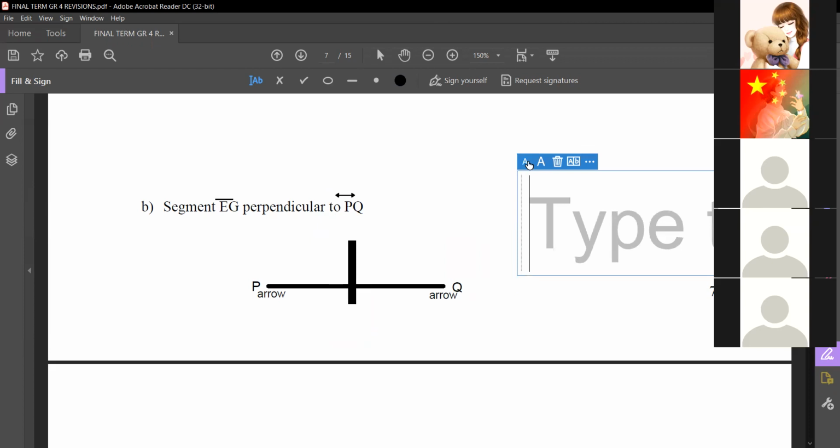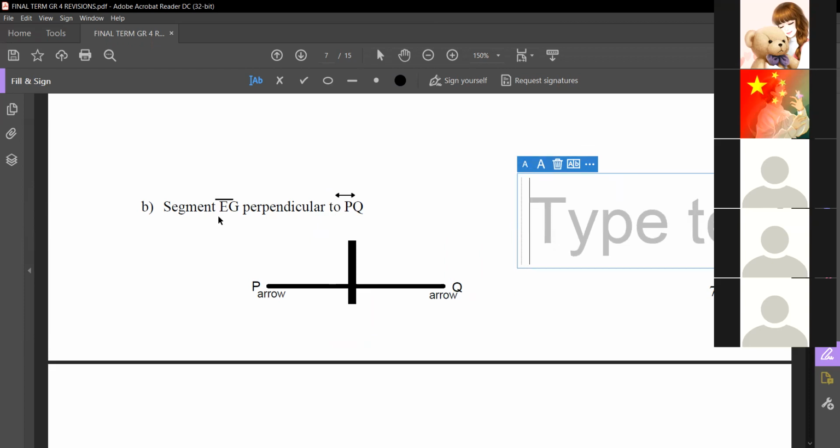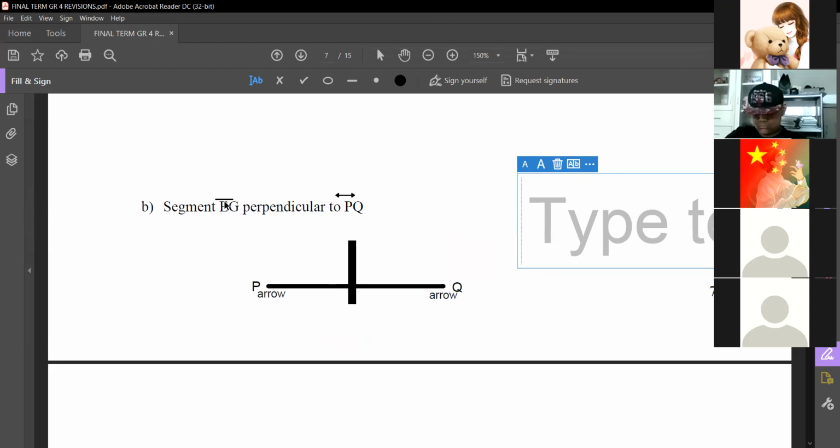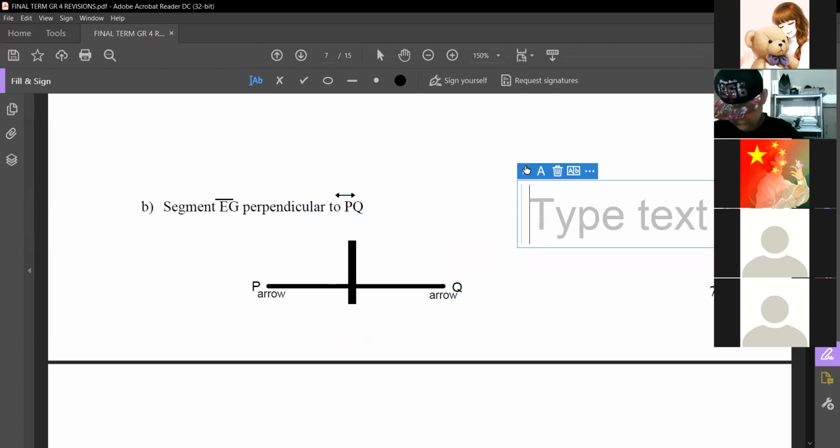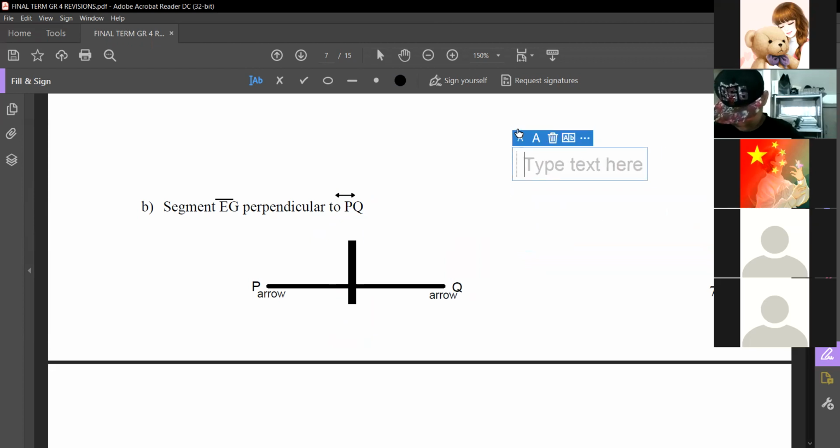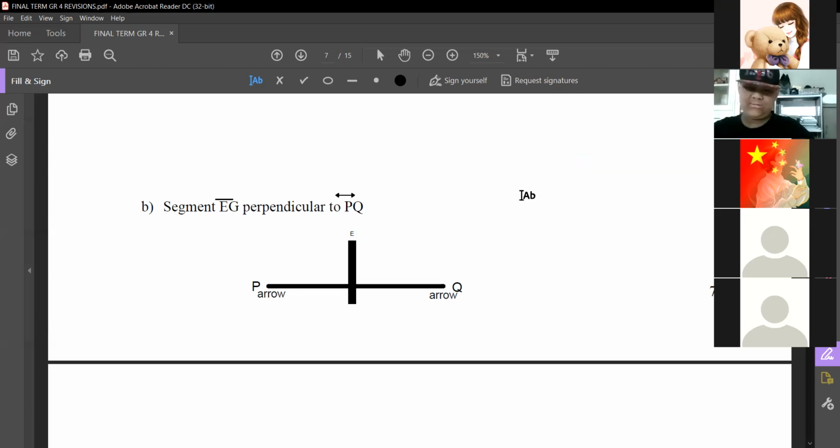Can or not, class? For EG, there is only a single line. No arrow is stated here in the question, correct? So it should be E and G. Can you see or not, class? Why is nobody responding? So I see. Yes. Very good.